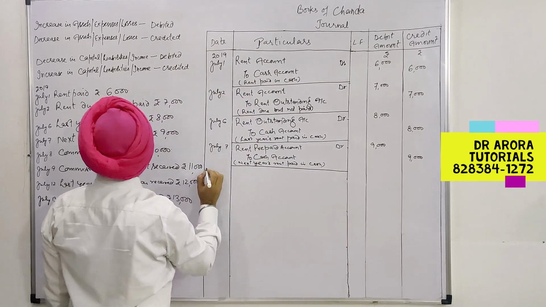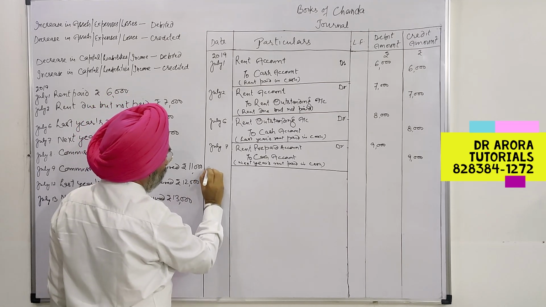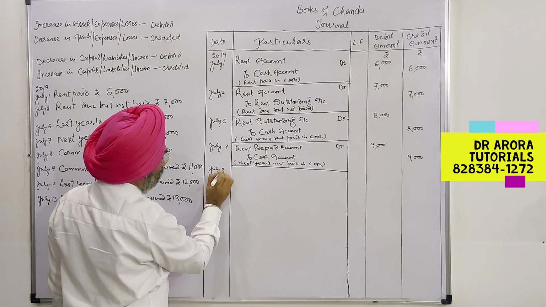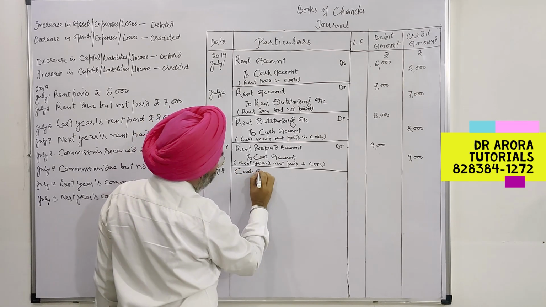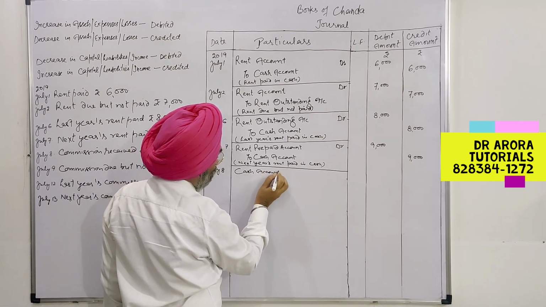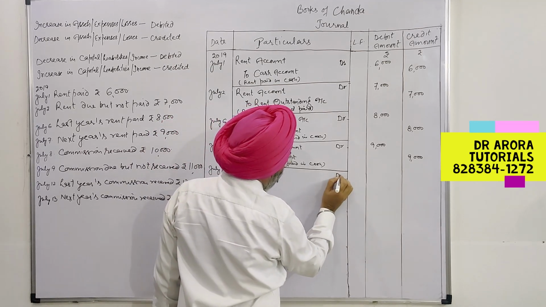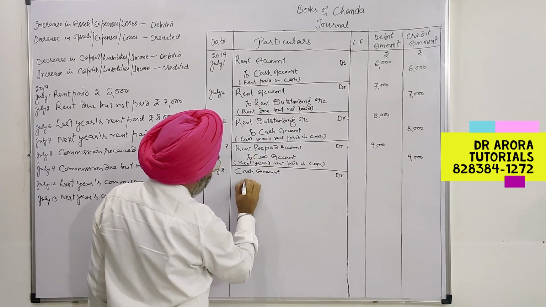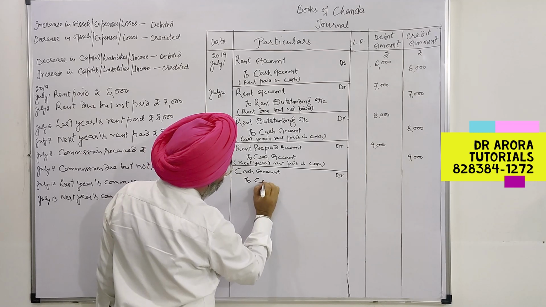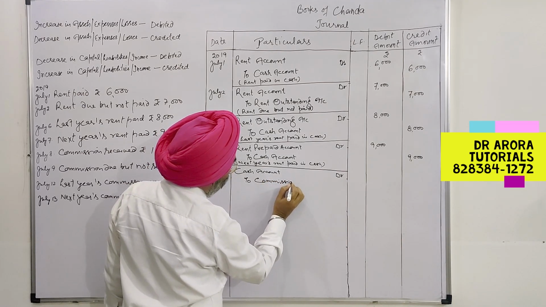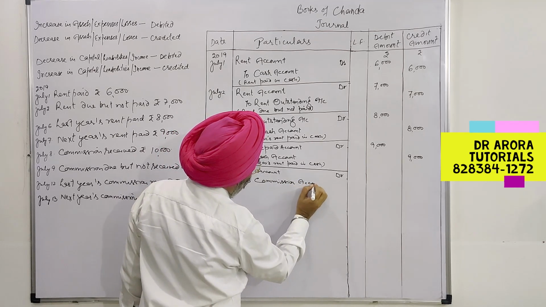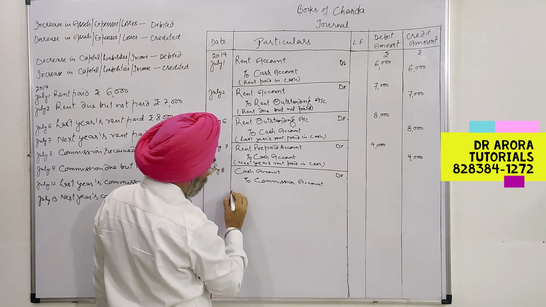Now, July 8th, commission received. Commission received because it is received in cash, hence there is an increase in our asset. Our asset will increase, and because there is an increase in income also, hence our income will also increase by the amount.